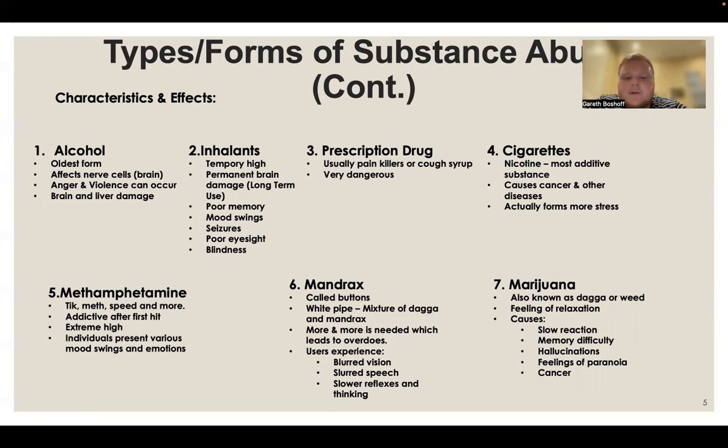Users experience blurred vision, slurred speech, slower reactions, and thinking. Then the most popular one, which everyone knows, is marijuana, also known as dagga or weed. When you take marijuana, you'll have a feeling of relaxation, and other effects are slow reaction, memory difficulty, hallucinations, feelings of paranoia, and also marijuana can cause cancer.